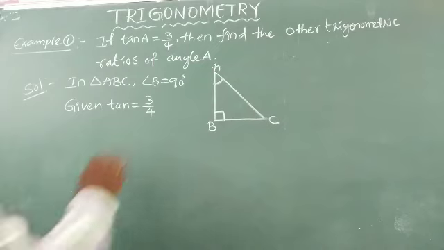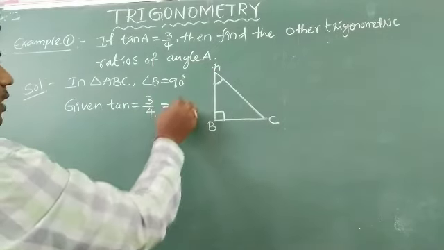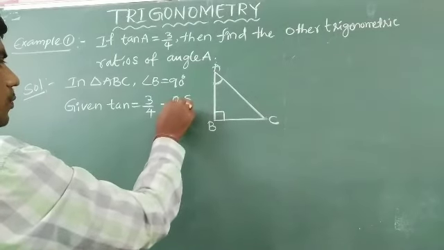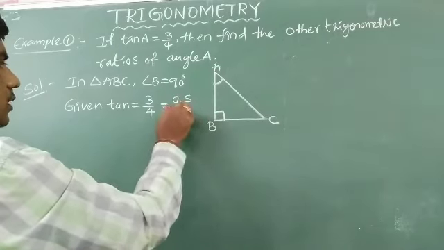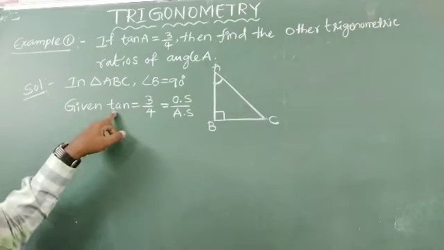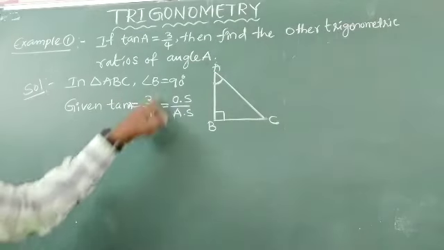So tan A equals 3 by 4 means what? We know tan A is the ratio between the opposite side and the adjacent side. So here 3 by 4 is given.